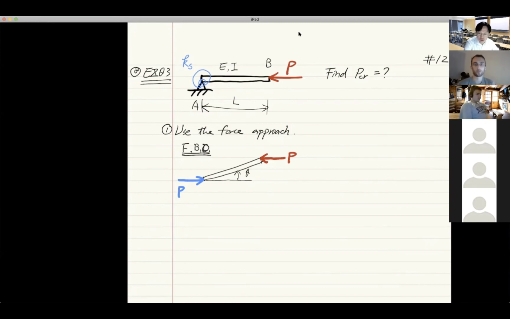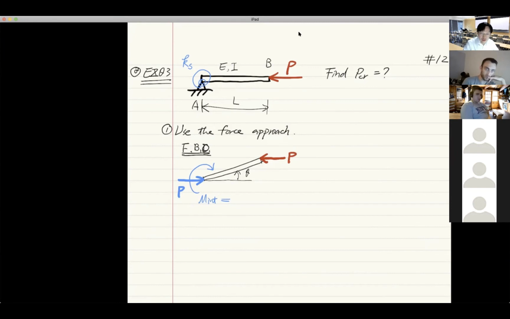Because there's a rotational spring, when you produce this kind of deformation profile, there is going to be an internal bending moment acting in this direction, correct? Trying to bring the rotated column back to its neutral position. So that's the internal moment. And this internal moment has a magnitude to be what?